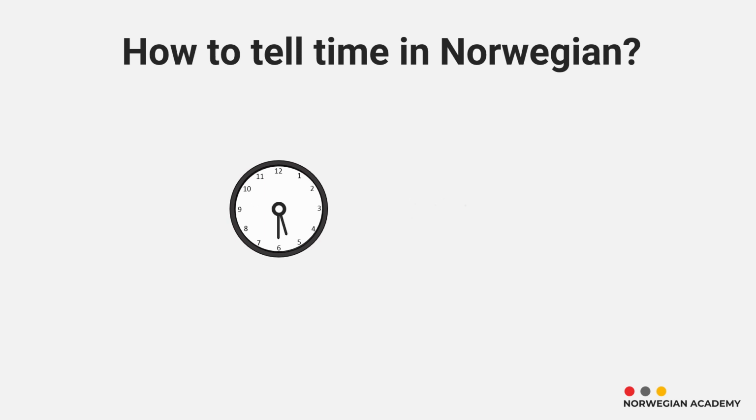So half past 5 would be 5:30. Half past 2 would be 2:30. So it's not half an hour past a particular hour, but it's half an hour until the next hour.